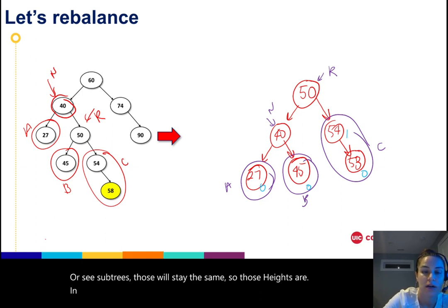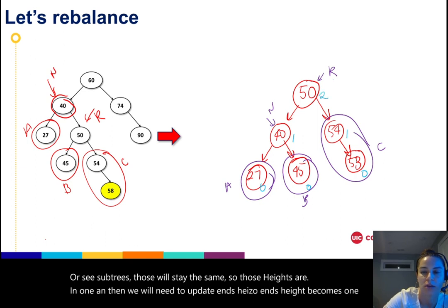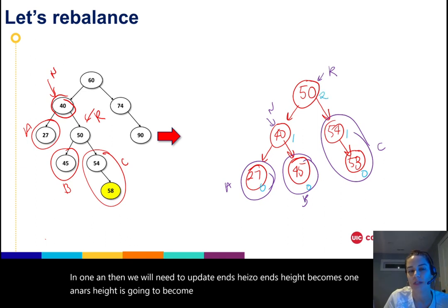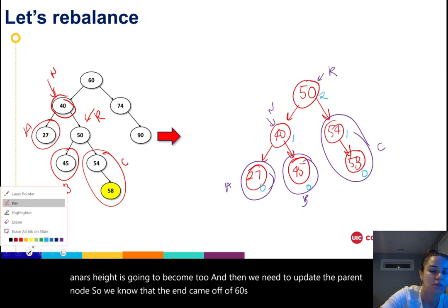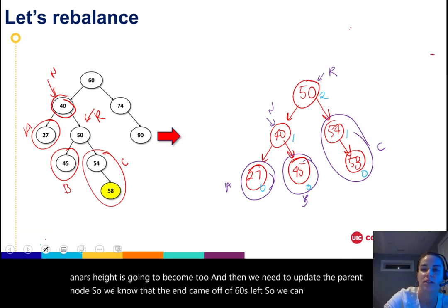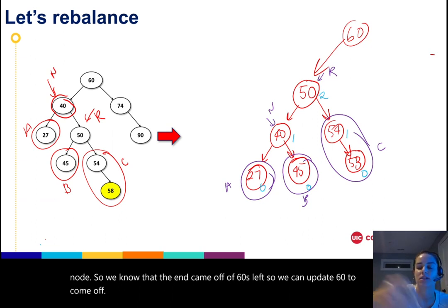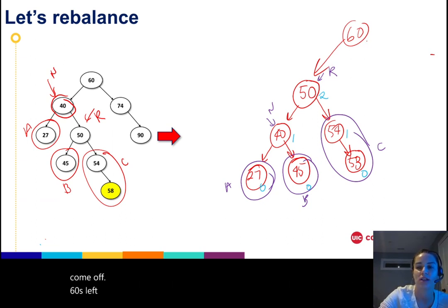And then we will need to update N's height, so N's height becomes 1 and R's height is going to become 2. And then we need to update the parent node. So we know that the N came off of 60's left, so we can update 60's left link to link back to the tree, and then the rest of the tree remains the same.